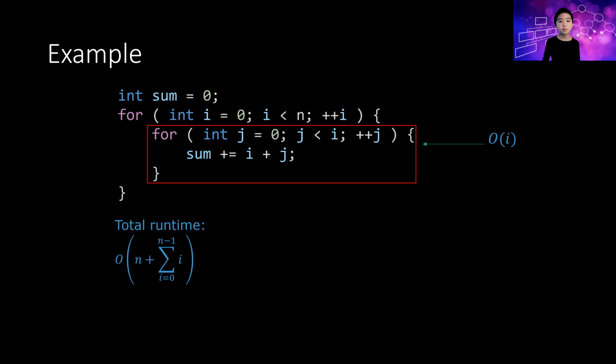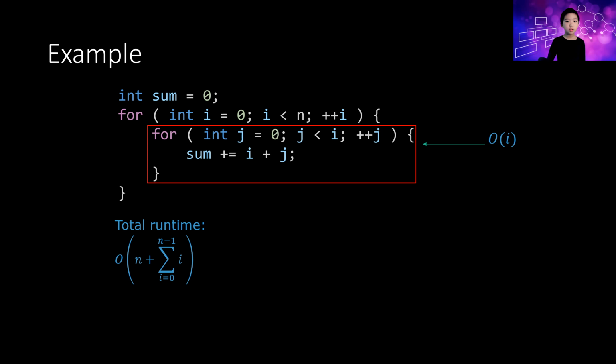Let's run another example to illustrate the scenario. Now the inner loop depends on the variable I, or more specifically, the inner loop loops I times. So for each I value, the complexity of the inner loop is OI, using the formula we got from the last slide.